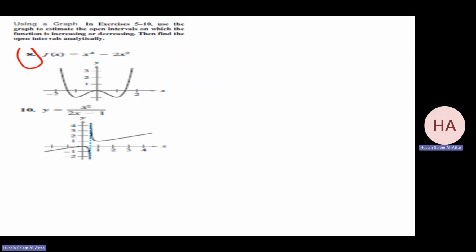Okay. Now let me go to the questions from the book. I'll try to do them quickly. I think the section is very clear. Just every time we have a different function.